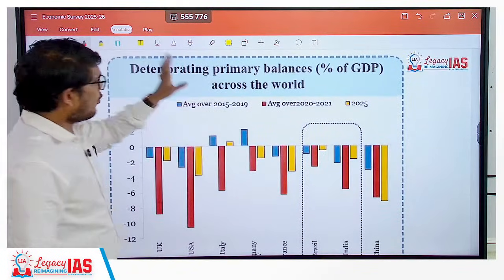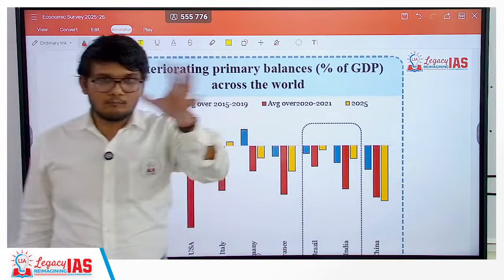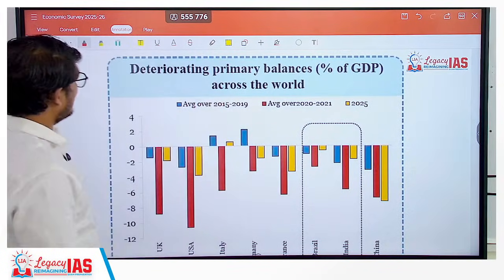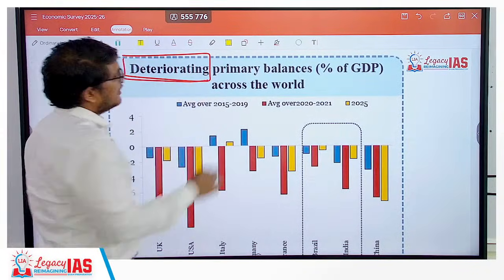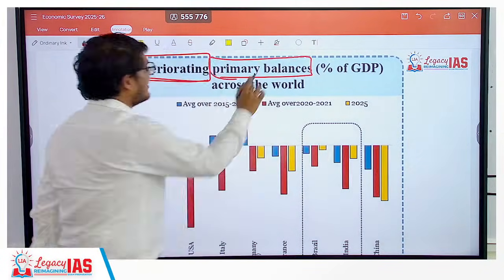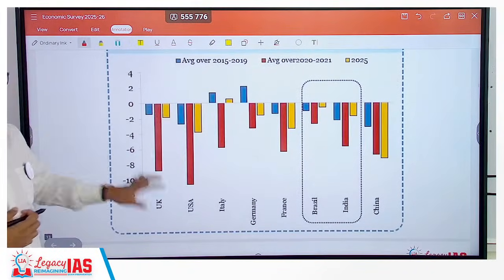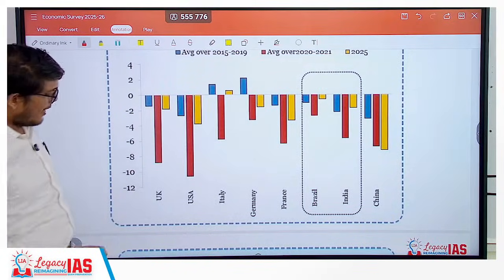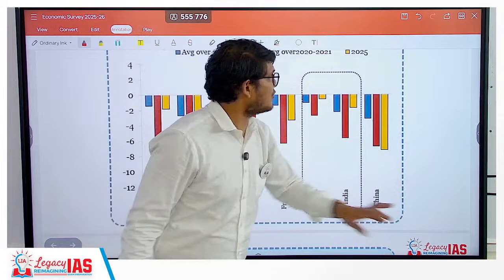Plus, throughout the world, there is another thing that is happening which is quite common in a lot of economies, the deterioration of the primary balances. Primary balances means the primary balances is what is being talked about. So here you have UK, USA, Italy, Germany, France, Brazil, India, and China.